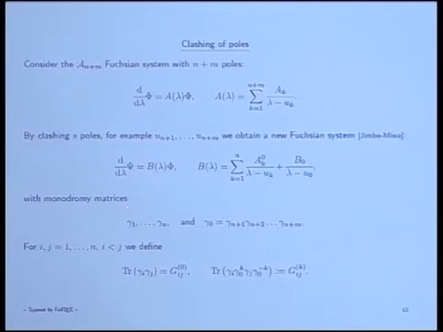So if you do things very, very well, you're not getting irregular points. You keep Fuchsianity, which is really amazing. Okay, and this new Fuchsian system has n poles, which were the ones of before, the first n, which we didn't touch, plus the new pole, which is created by clashing all these ones.